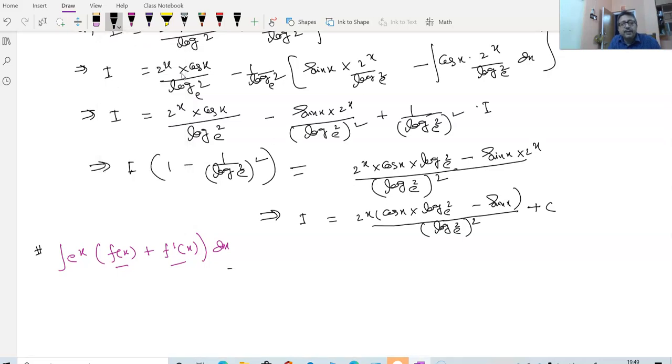You remember that you will express it initially as the sum of two, and then use by parts for one of them, keep the other unchanged, and it automatically gets cancelled.